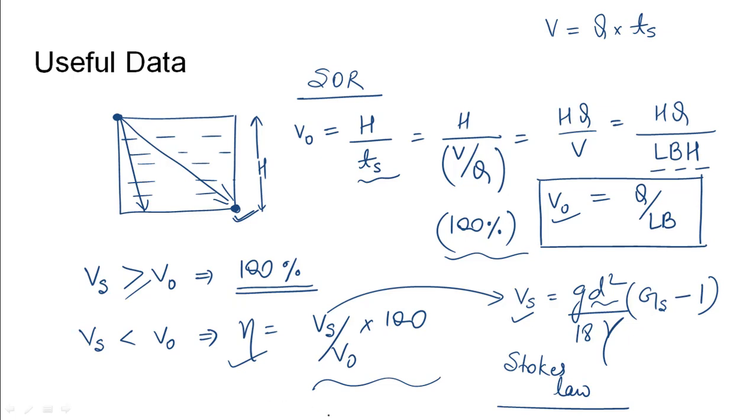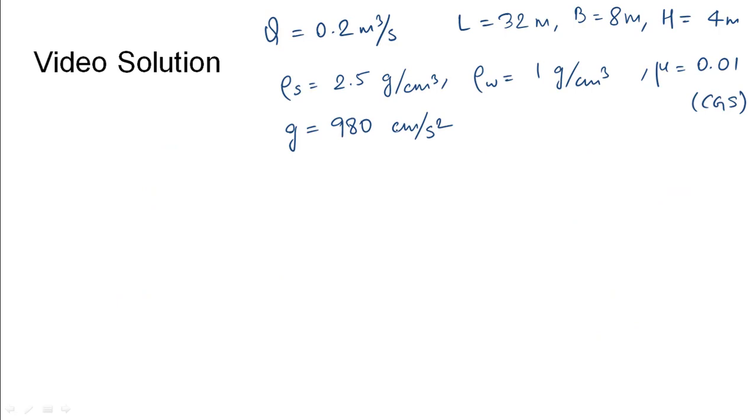But if it is less, we should use the second equation here to compute the efficiency of settling. In the given data in the question, a few of the parameters have been given in meters, but a few are in centimeter units. So we should take care of that while using the corresponding equations.